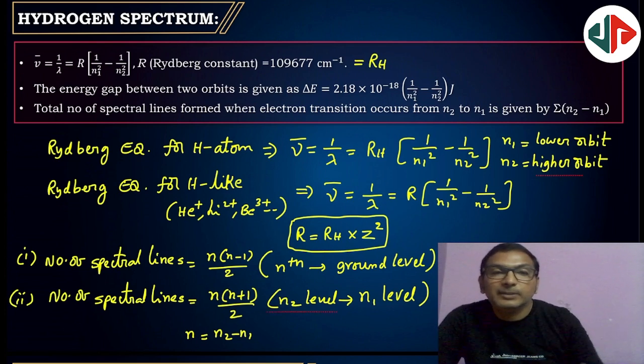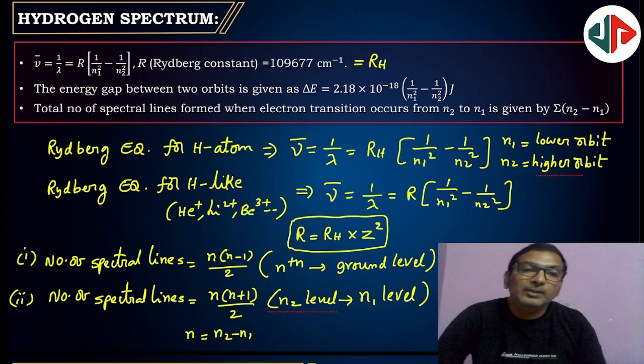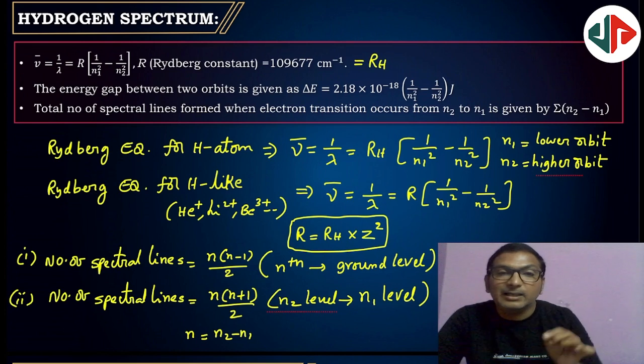Two types of formula will be there. Number of spectral lines emitted when electron jumps from nth level to ground level, n into n minus 1 by 2. Number of spectral lines emitted when electron jumps from n2 level to n1 level, where n1 is not ground level, n into n plus 1 by 2, where n is n2 minus n1.